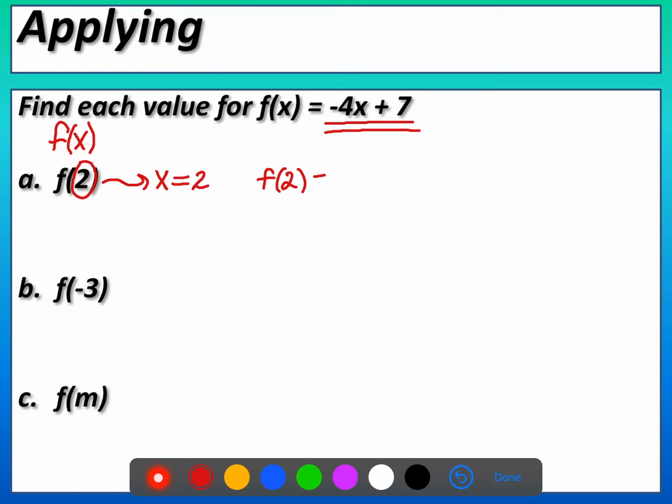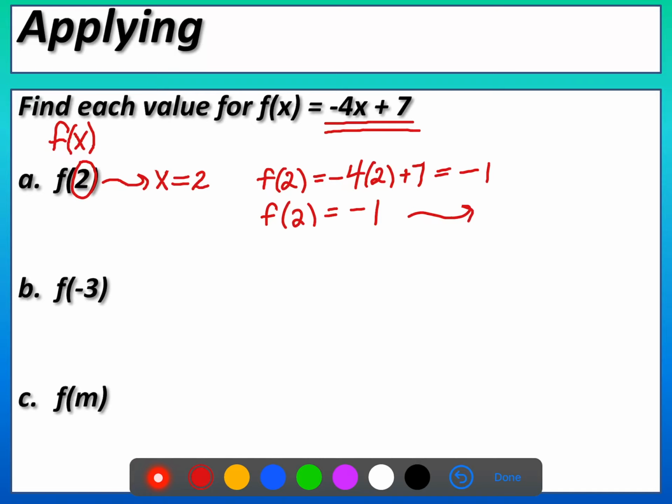Okay, so the way that we do that using proper notation, f of 2 equals, and anywhere in this expression that you see an x, you're going to plug it in for a 2. Okay, and now we just evaluate. So f of 2 equals -1.